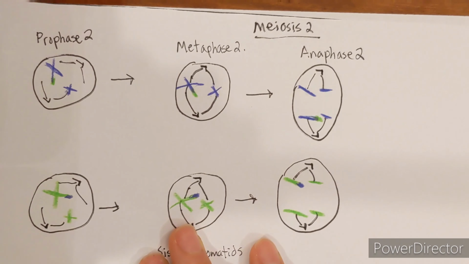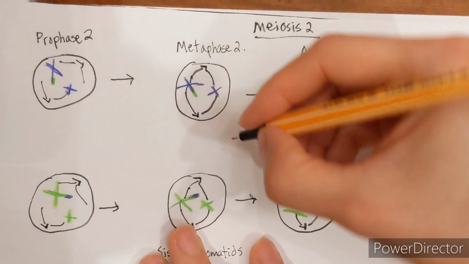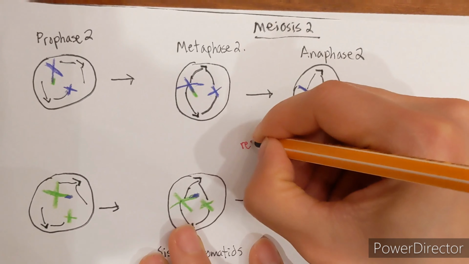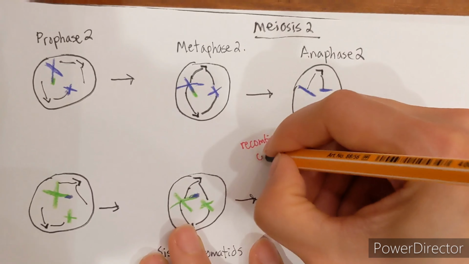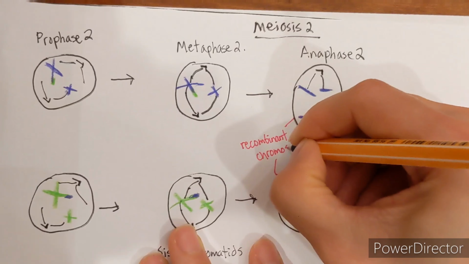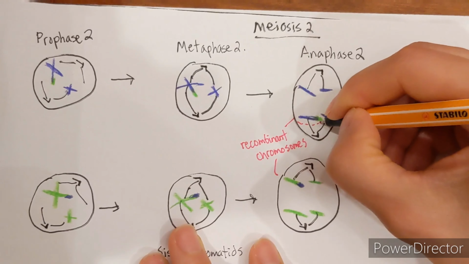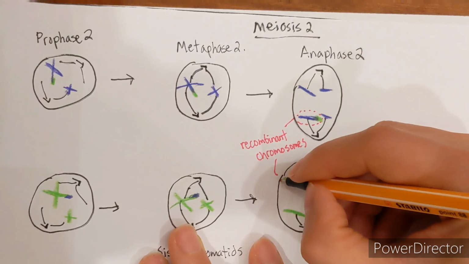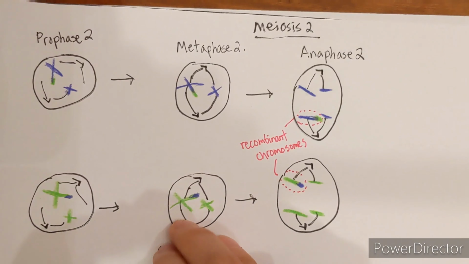These guys here are called recombinant chromosomes because they are basically homologous chromosomes that have recombined. And this is how you get that genetic variation in your daughter cells of meiosis, because you're recombining chromosomes there.